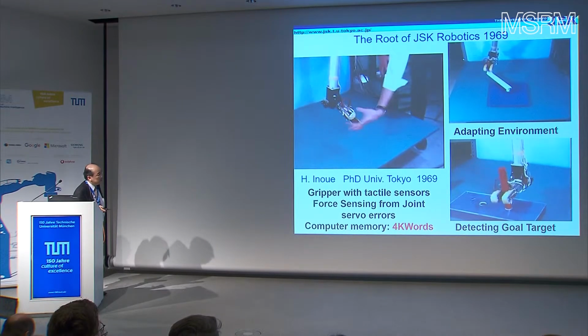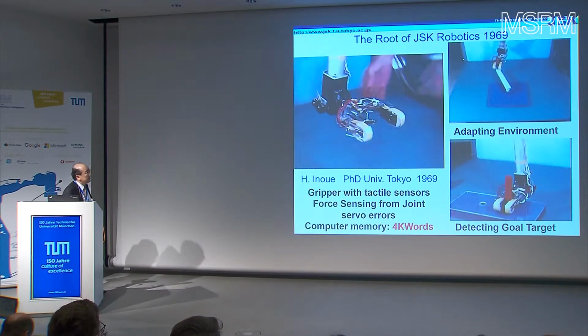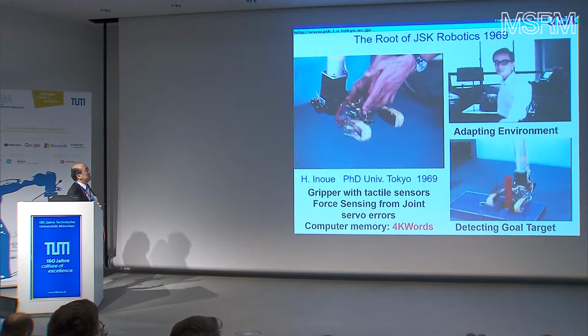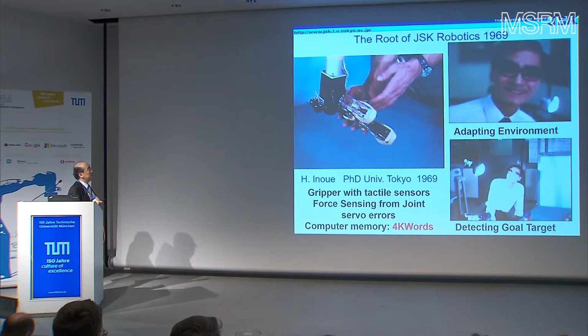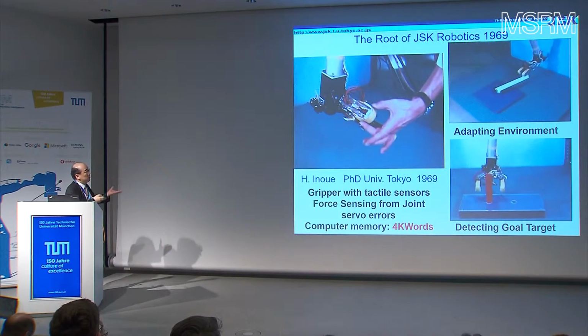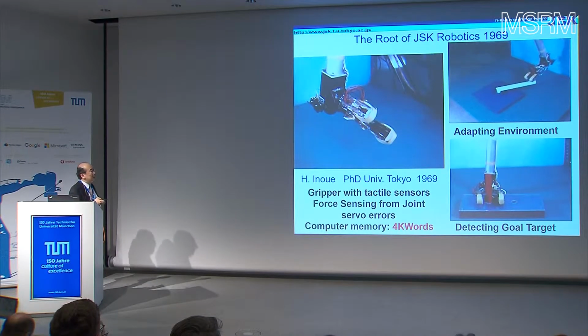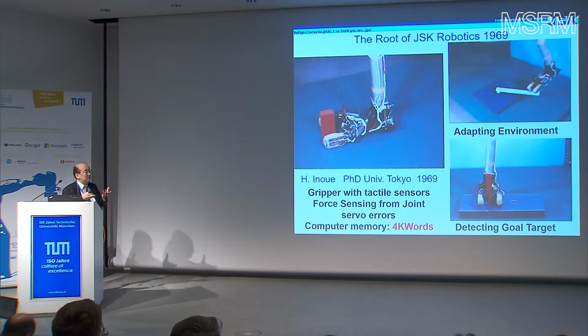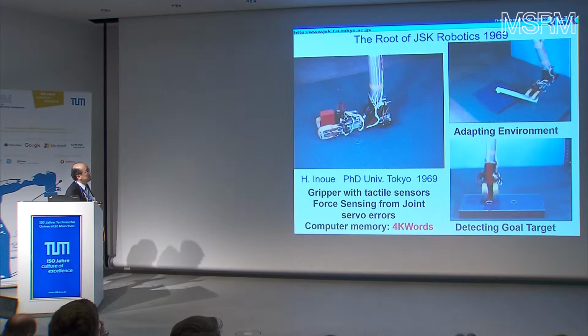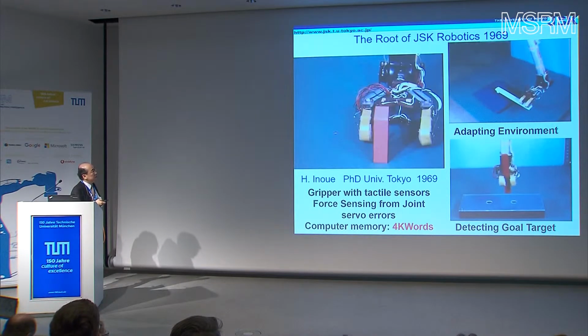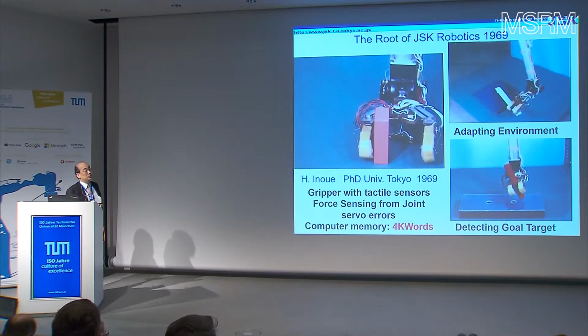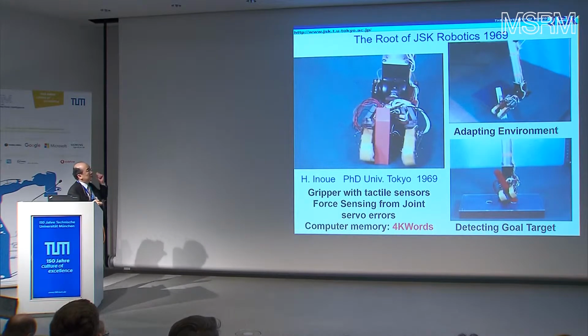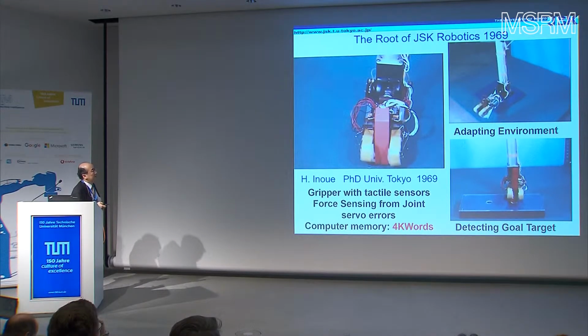His program showed this achievement, and at that time there was no keyboard, so he used this hand end effector as the input device to tell his intention to execute these motions. That was 1969.